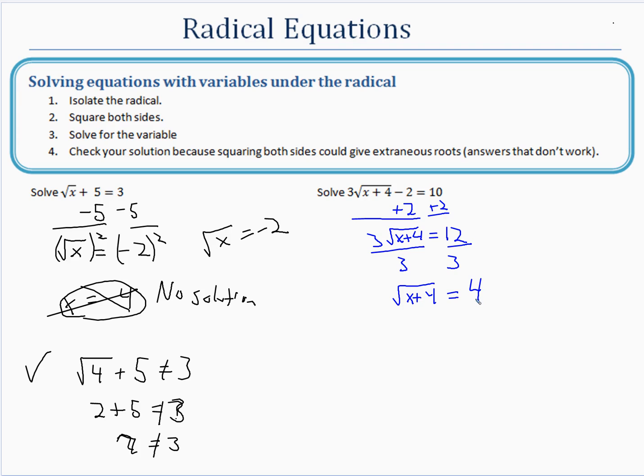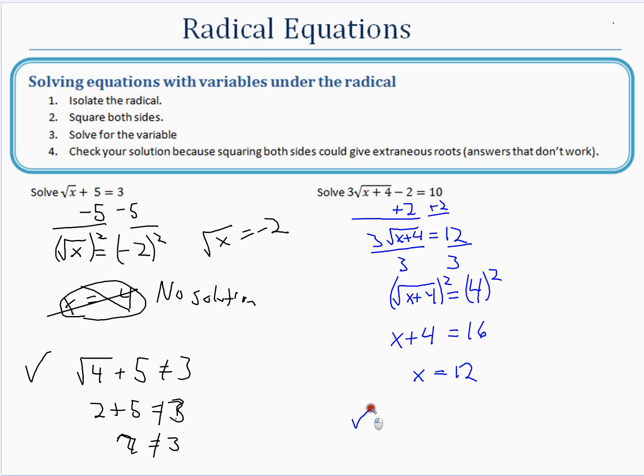We're going to go ahead and square both sides to get rid of the square root. And a square root cancels with a squared because they're inverses, so we have x plus 4 is equal to 16, and we can go ahead and subtract 4 from both sides to get x is equal to 12.